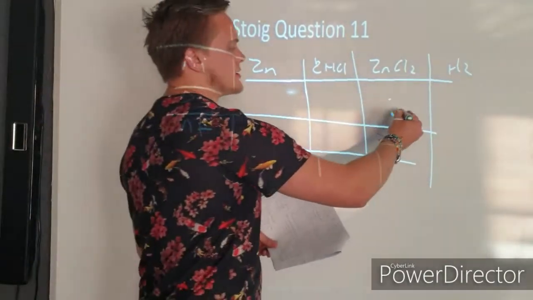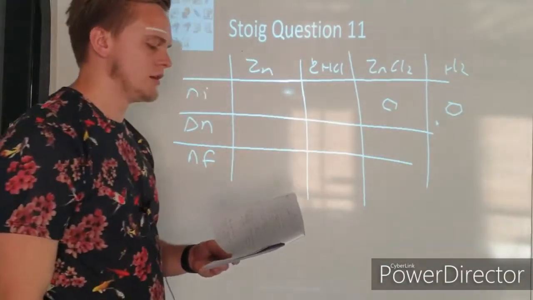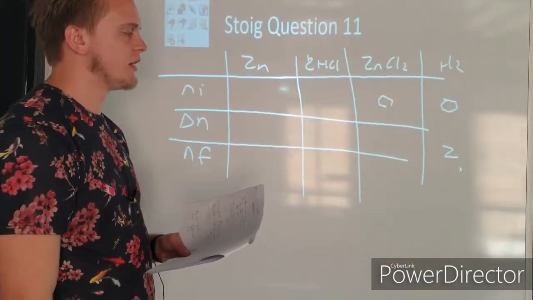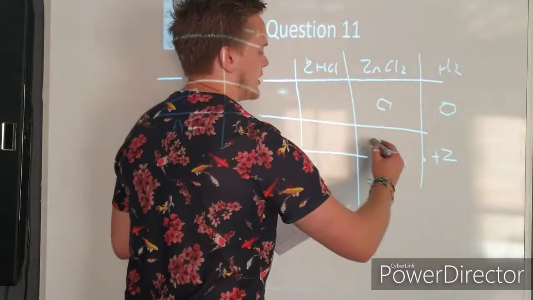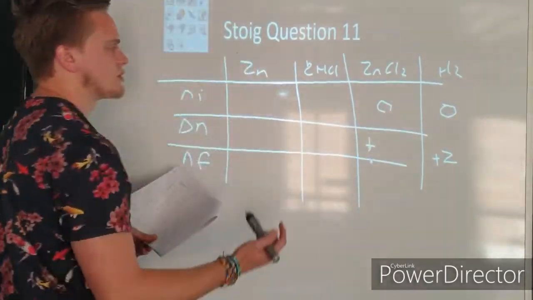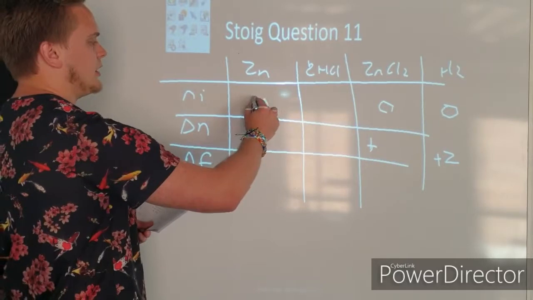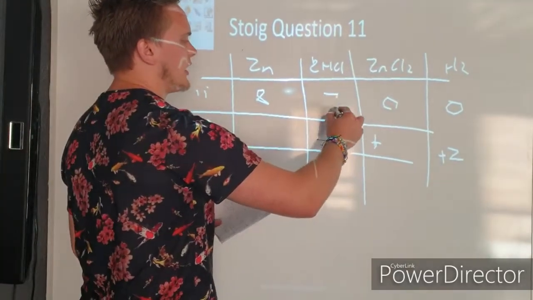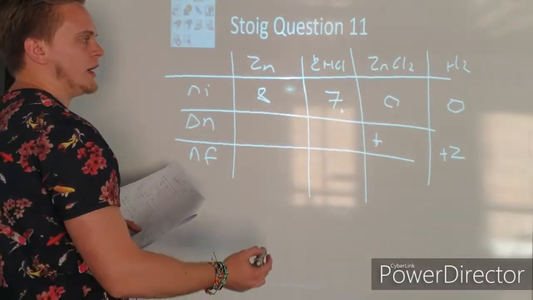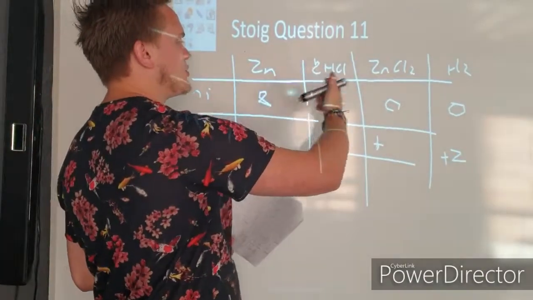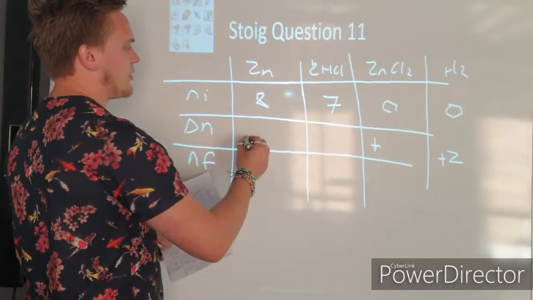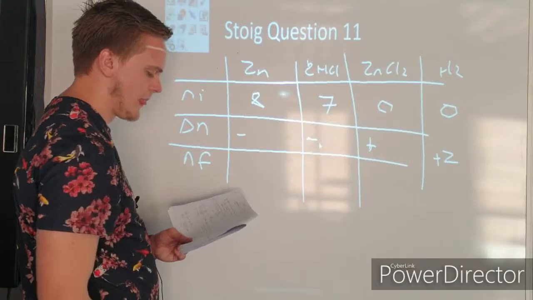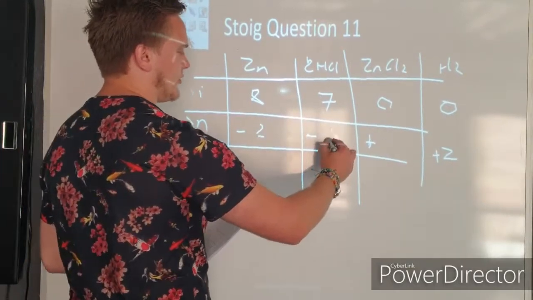Now remember, products is a 0 in the beginning. And they have that is 2 because it's given, so that was plus, meaning in a stoichiometric ratio, if our initial mole of zinc was 8 and our initial mole of HCl was 7, in a ratio from 1 to 2 to 1 to 1, the reagents will be subtracted, and it's 2 and 4.